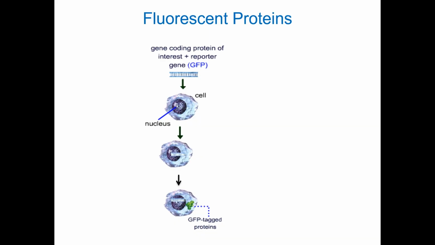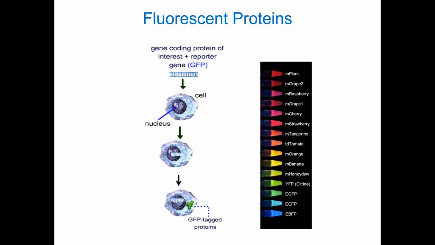However, if the gene that codes for the protein of interest also contains a reporter gene which produces a fluorescent protein, here it is the green fluorescent protein, GFP, the cells that have successfully taken up the gene of interest will fluoresce green. The number of successfully transfected cells can be quantitated and, more importantly, sorted using a flow cytometry cell sorter to obtain a pure population of cells expressing that gene for downstream analysis. Many fluorescent proteins are now available in a rainbow of colors.